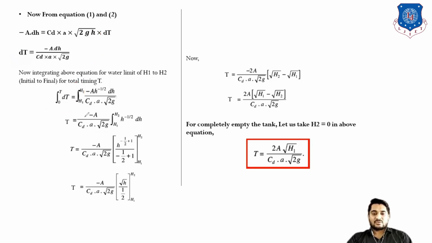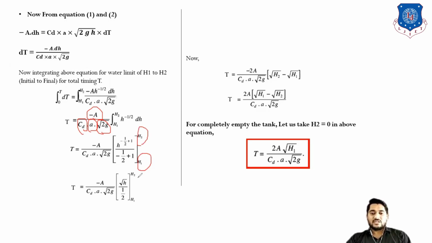Clear? Now next, integration of dt is equal to T is equal to A by CD a under root 2g, which is constant, so integration from h1 to h2 of small h raised to minus 1 by 2 into dh. If we do the integration of it, we get small h raised to minus 1 by 2 plus 1 divided by minus 1 by 2 plus 1.